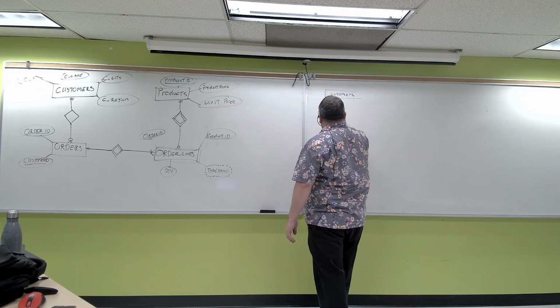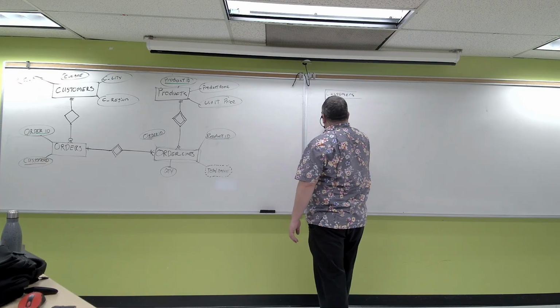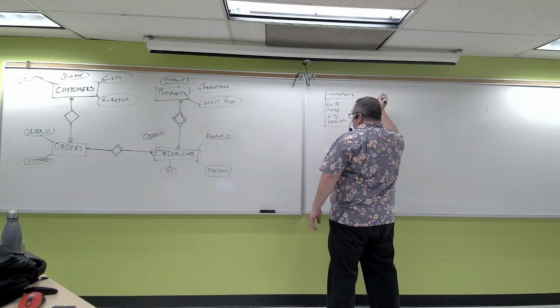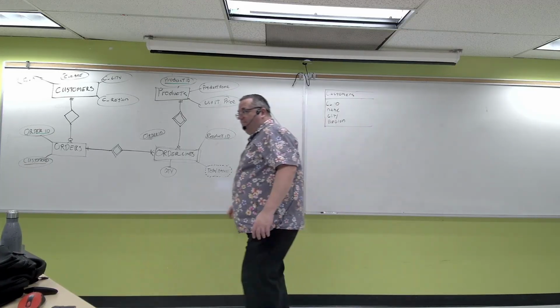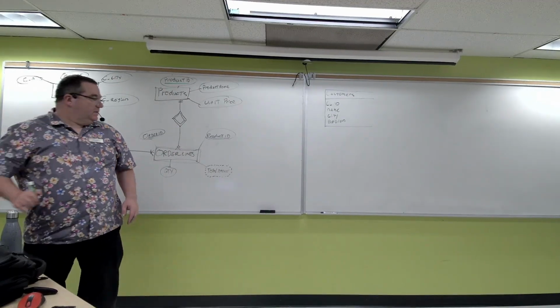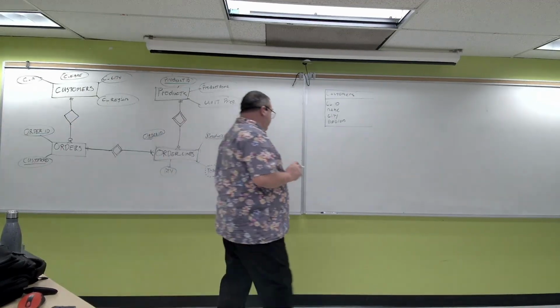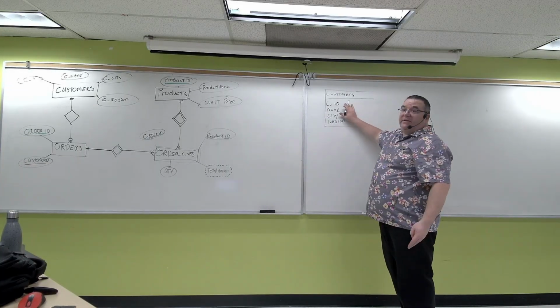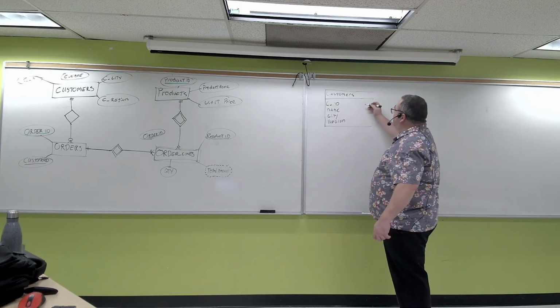City, region, like such. You noticed I didn't close off my table yet. All right, so customer ID, it's probably an integer. So we want to say it's an int.